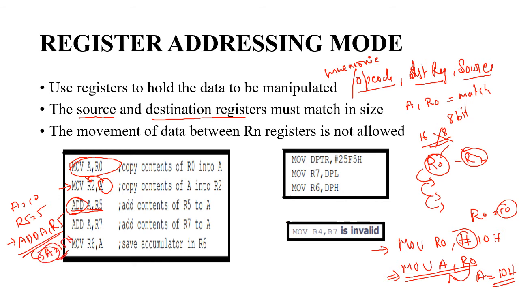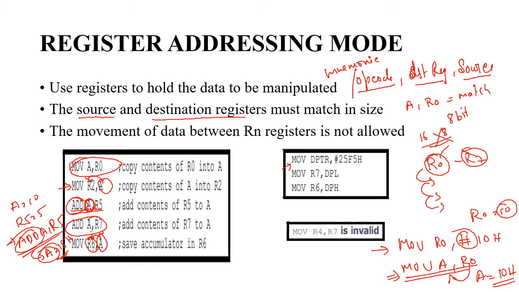In case of add operations, the content of the destination gets replaced by the result. Add A comma R7 will add the content of A and content of R7. Move R6 comma A: here the content of accumulator will be copied to the register R6.